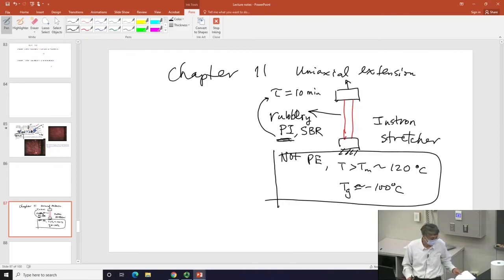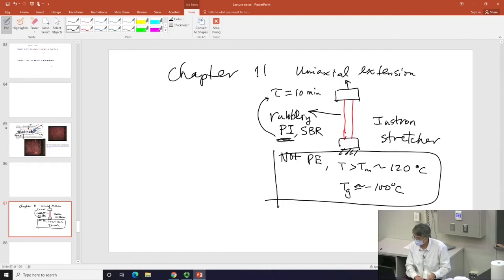Okay? So for example, that Instron can hardly do this PDMS that I have here. Not easily because there is a gravity that will cause the sample to change. You know, and it's so soft, it's hard to hold it.